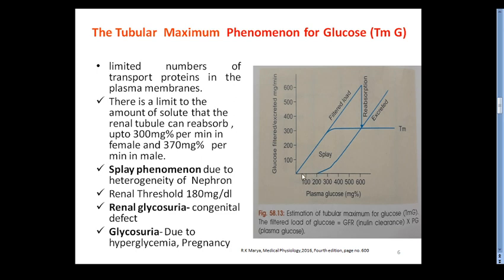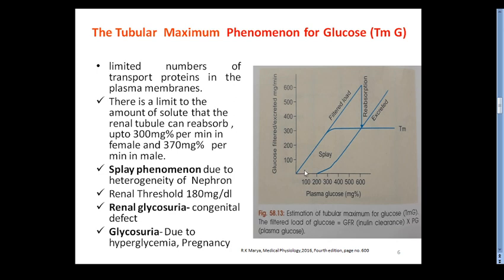So in this graph you can see the plasma glucose in milligram per cent, marked from 100 to 600. Then the glucose concentration in the filtrate, milligram per minute.